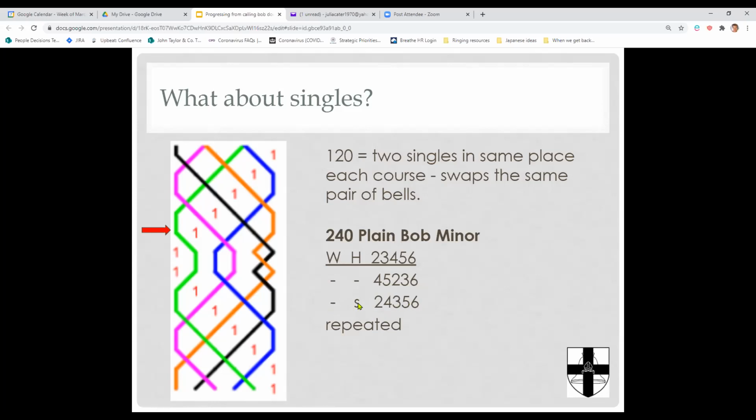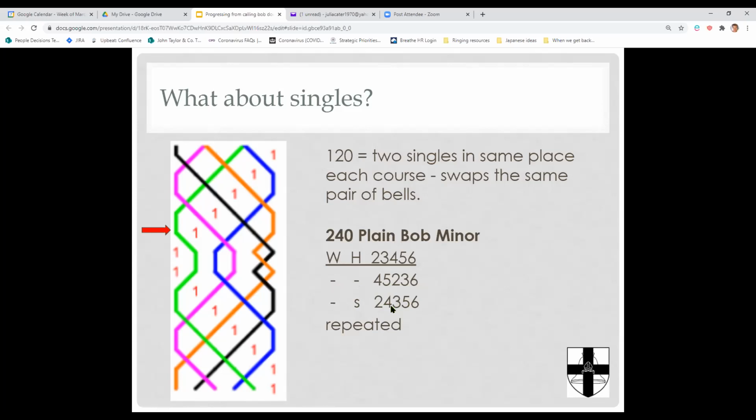Then you repeat it. So you go wrong, home, single home, wrong, single home. And the 2nd single home, once it's repeated, will swap that 3 and 4 back and it comes into rounds. So 2 singles in exactly the same place doubles the composition.